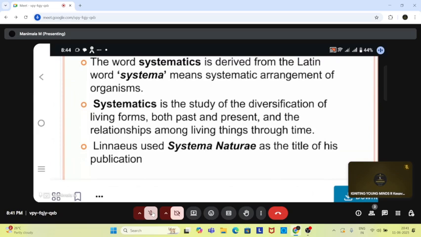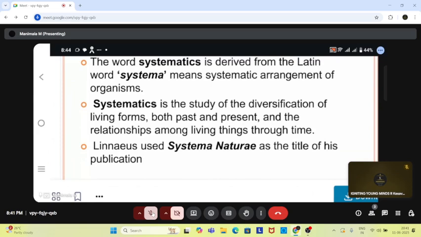When we take an organism, we consider how it is related to past characteristics, and any new organisms in the future. Based on that, they compare all the characteristics from time to time, and only then give a particular name. For systematic, Linnaeus used Systema Naturae as the title of his publication.